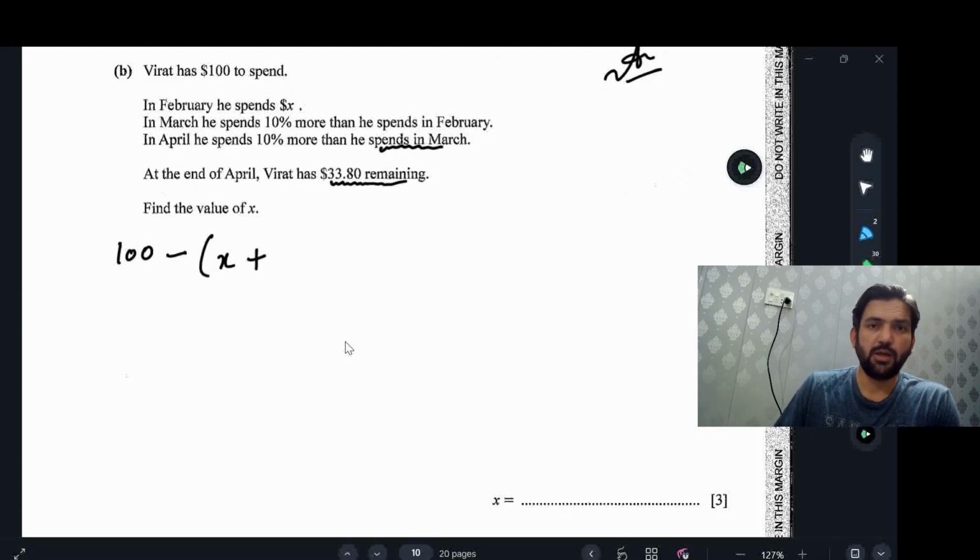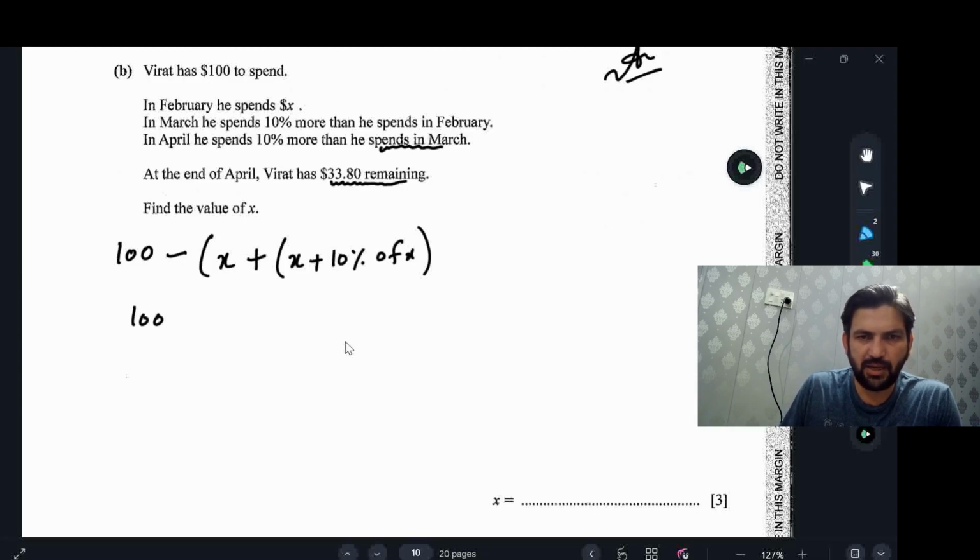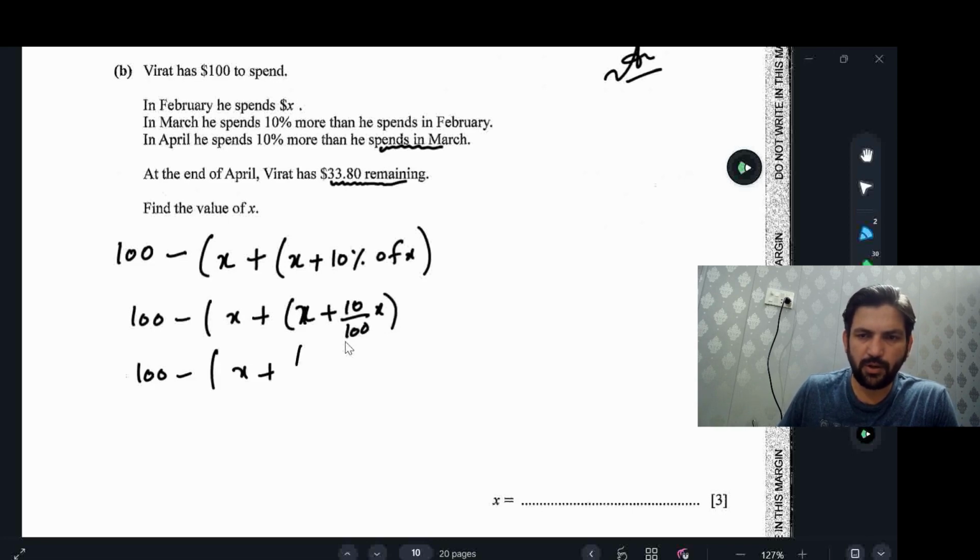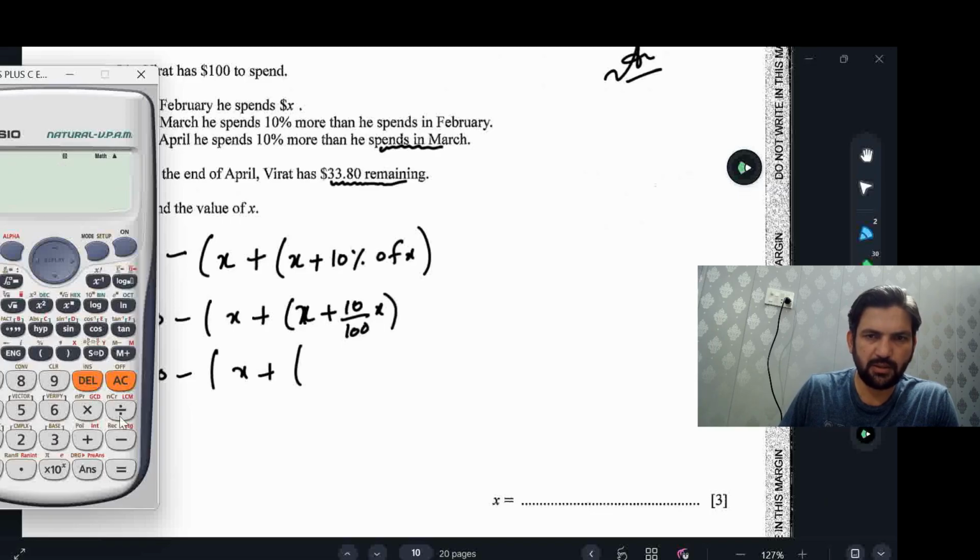Now plus, in March he spent 10% more than he spent in February. 10% more means this should be X plus 10% of X. If we write it in the simplest form, this should be X plus 10 by 100 X, or 0.1X, or we can say 100 minus X times 1 plus 0.1, and 1 plus 0.1 is equal to 1.1.